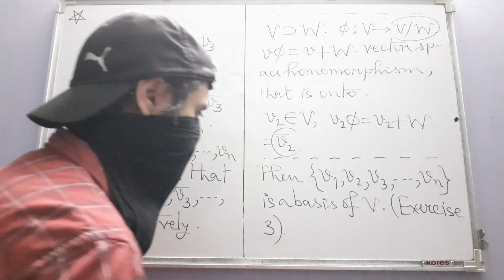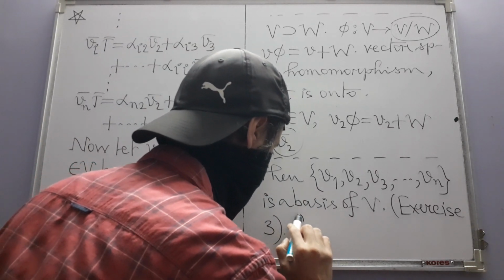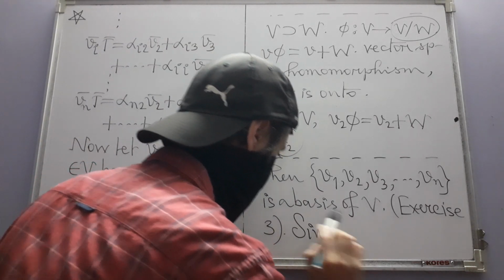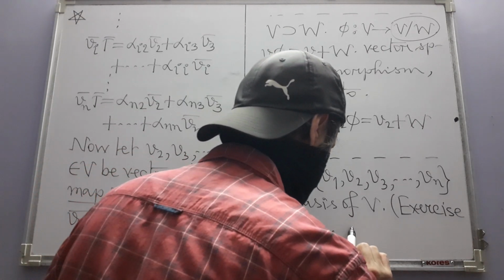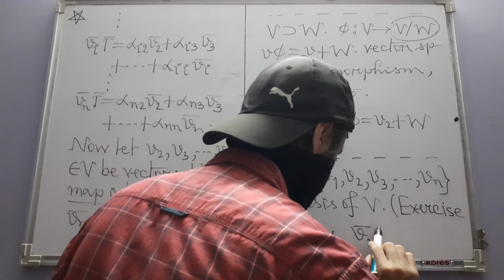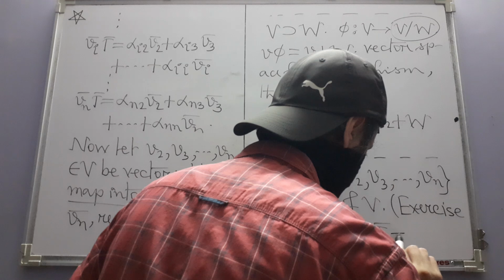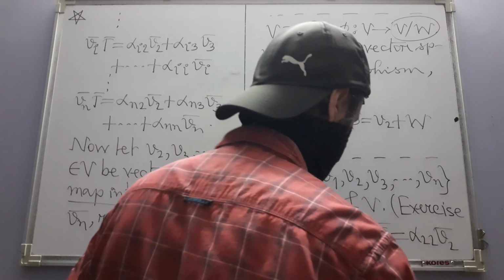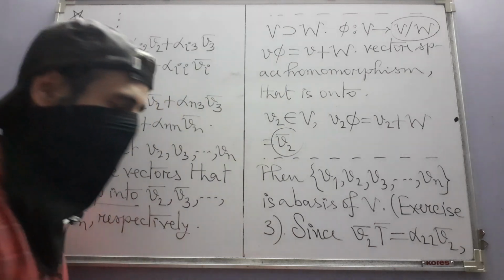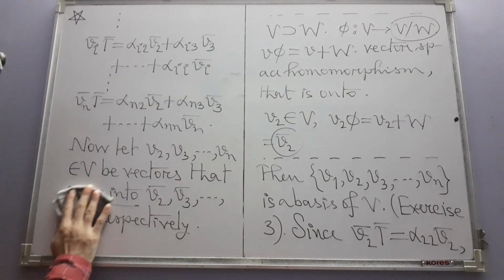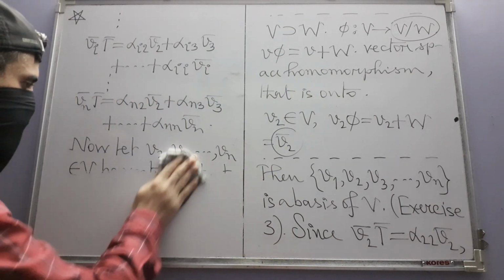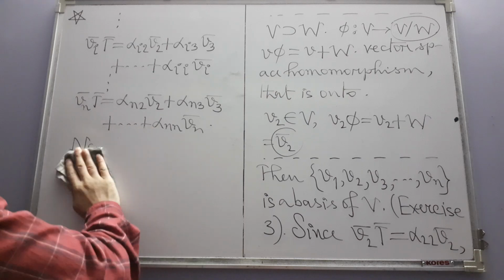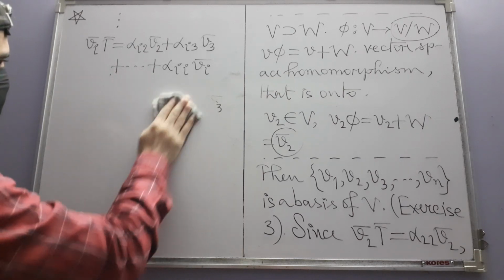For example, the first equation is this. So the author writes, since V2 bar T bar is equal to alpha 2 2 V2 bar, let us straight away do that calculation itself.